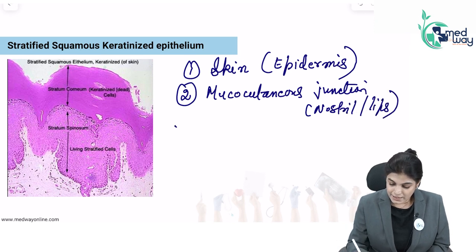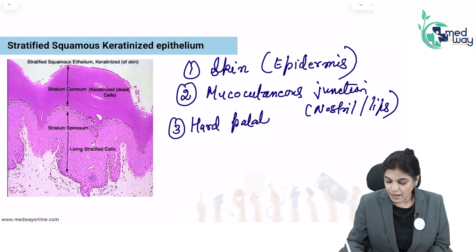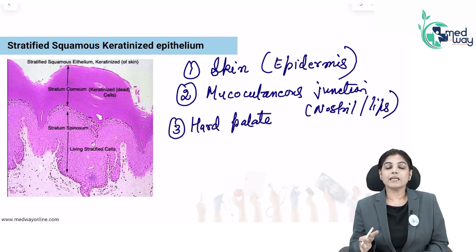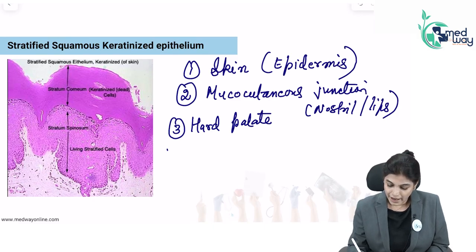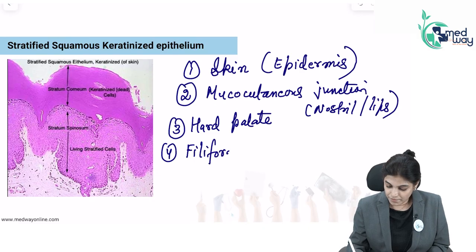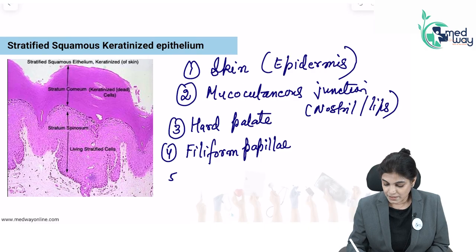It is also present in the hard palate. If I talk about all the papillae of the tongue, they are stratified squamous non-keratinized. But the filiform papilla is the odd man out, which has keratinization. It is also present in the gingiva.